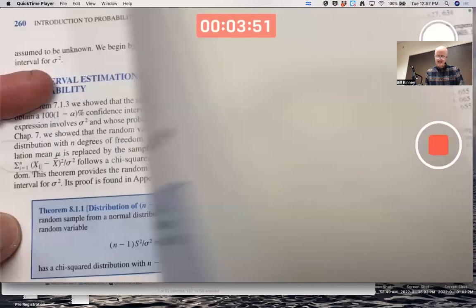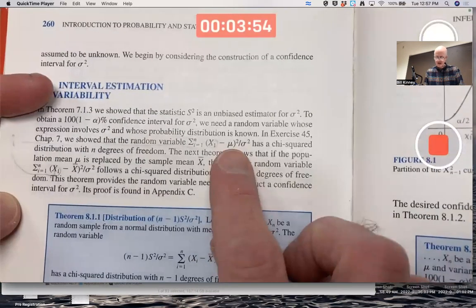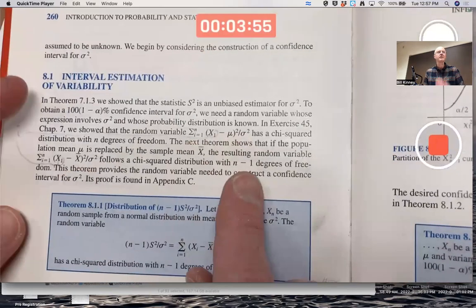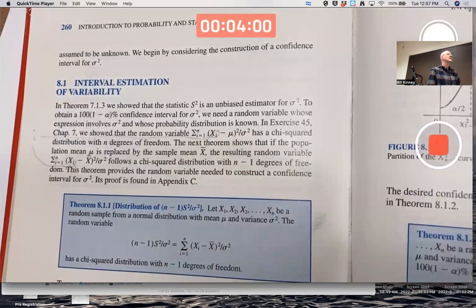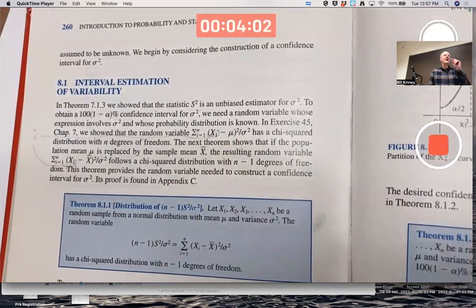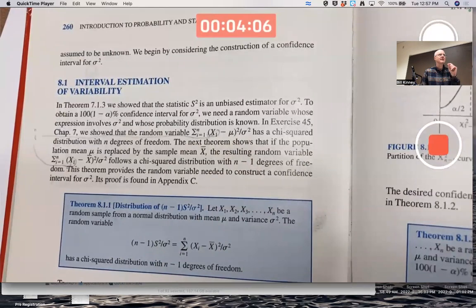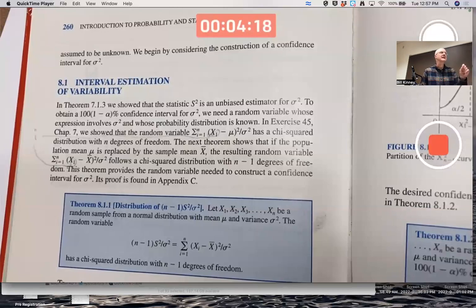So the theme is, if you replace mu with x bar, you'll lose a degree of freedom. Actually, this is something we've already seen a little bit of before. When you compare the variance estimator where you divide by n, and instead divide by n minus 1, that's essentially losing a degree of freedom.